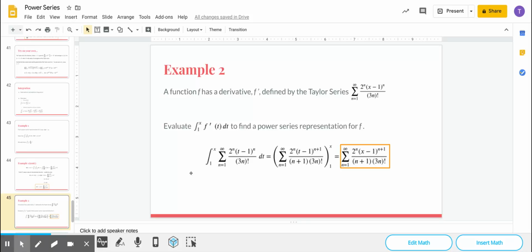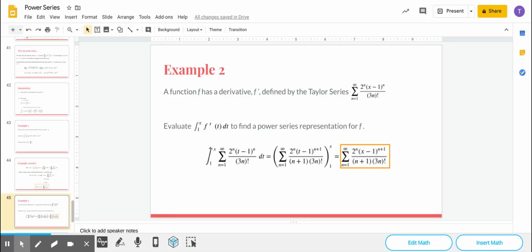And then the lower bound, I'm going to make equal to my center, which this problem is set up for. The reason I'm making it equal to the center is that when I do f of b minus f of a, I have to plug in 1 for t, or for x, or whatever the finishing variable will be. If I plug in my center value, that eliminates every term in the series.